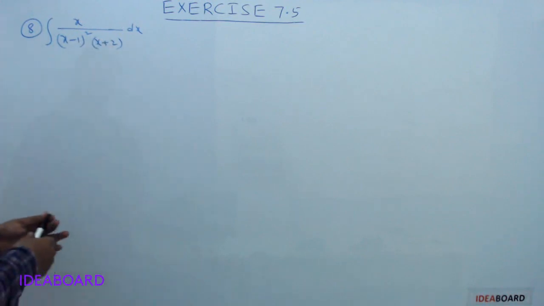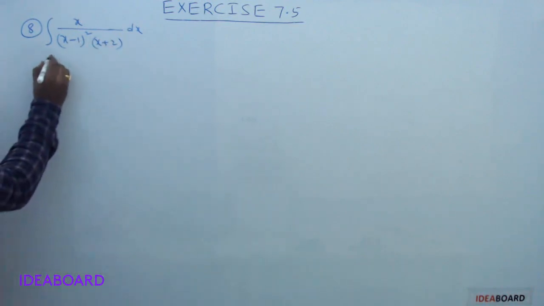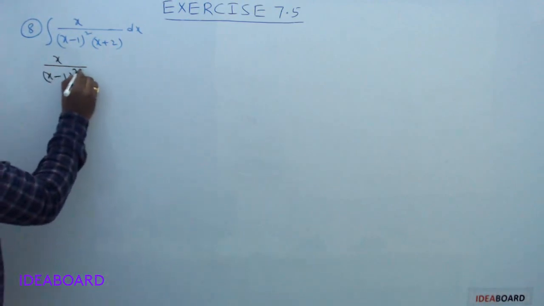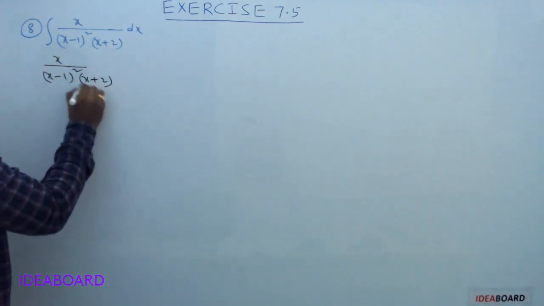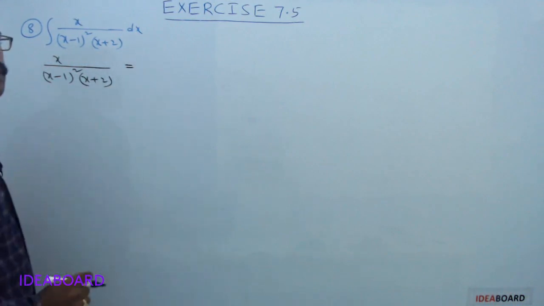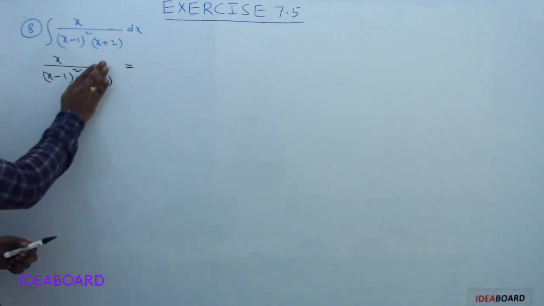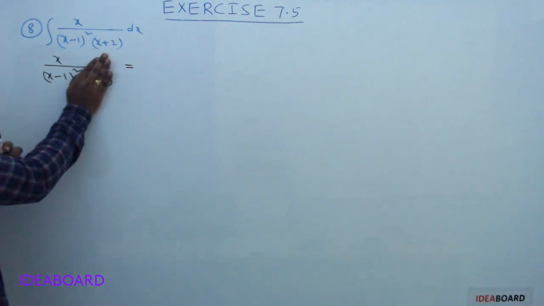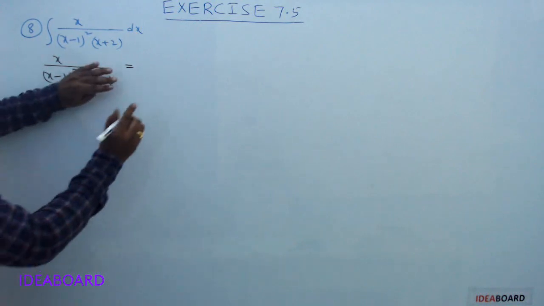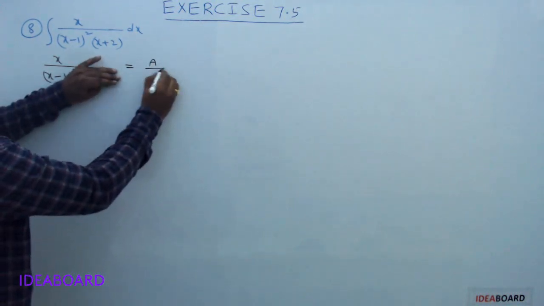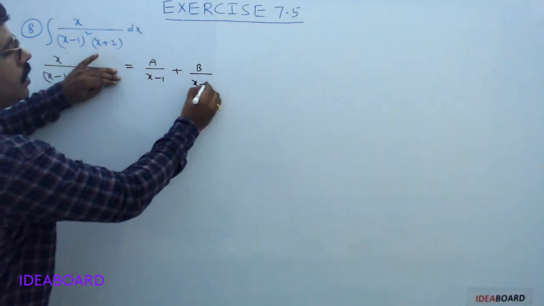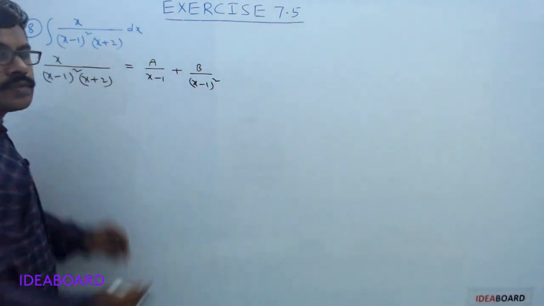Now first write down the integrand separately. This is x divided by x minus 1 whole square x plus 2. Now this equals, first close this non-repeated linear factor, then write down the partial fractions of x minus 1 whole square. So it is a divided by x minus 1 plus b divided by x minus 1 whole square.